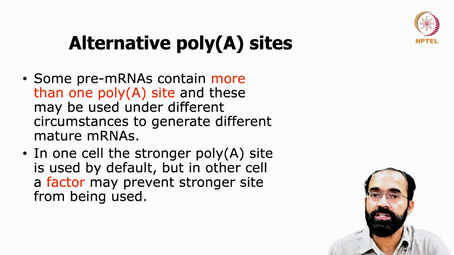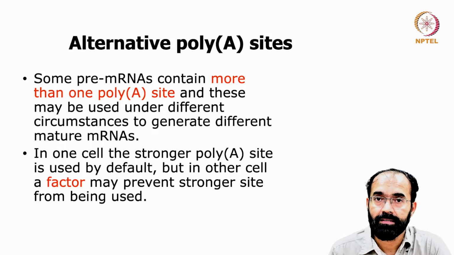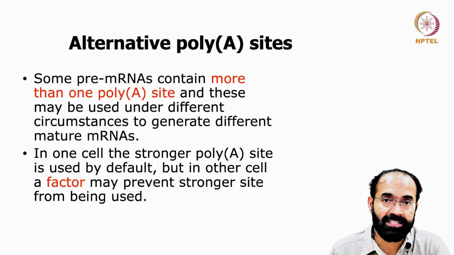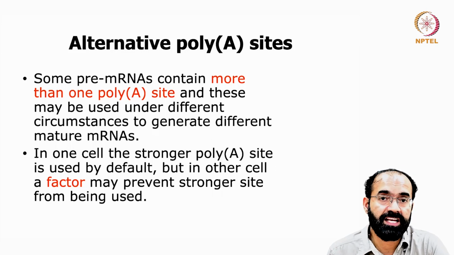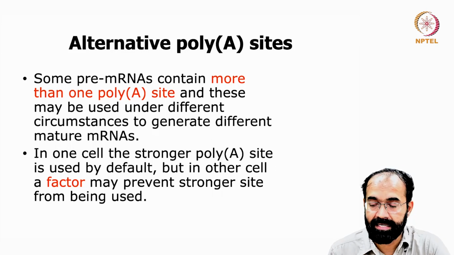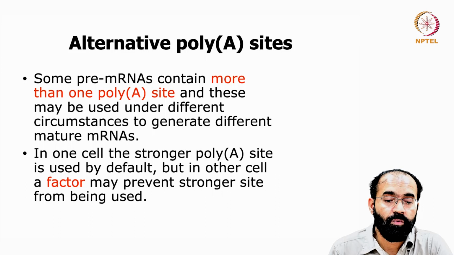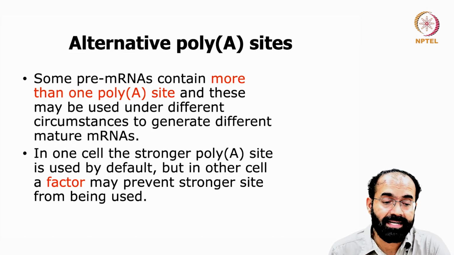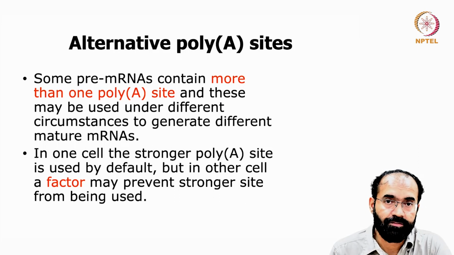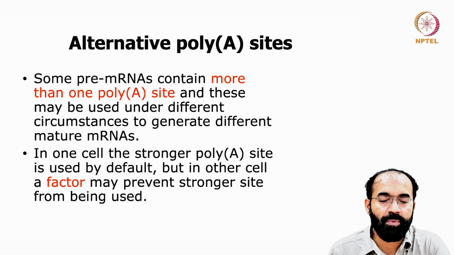It is not influencing the coding, but different polyadenylation sites, when present, can change the length of the untranslated region. In one cell, the stronger poly-A site is used by default, and in another cell, a factor, meaning a protein factor, may prevent the stronger site from being used.